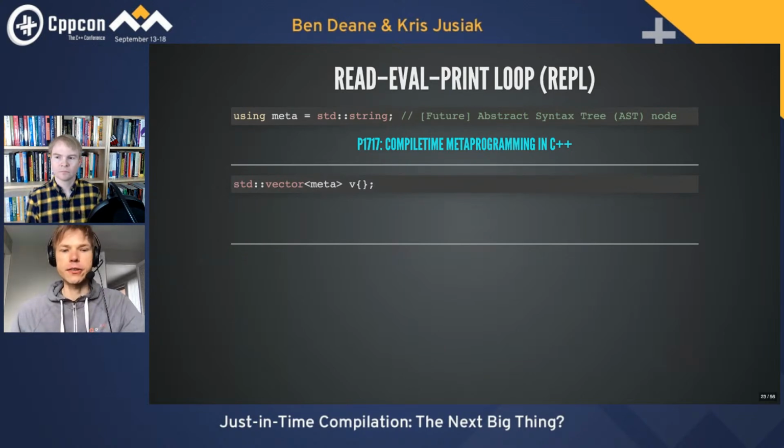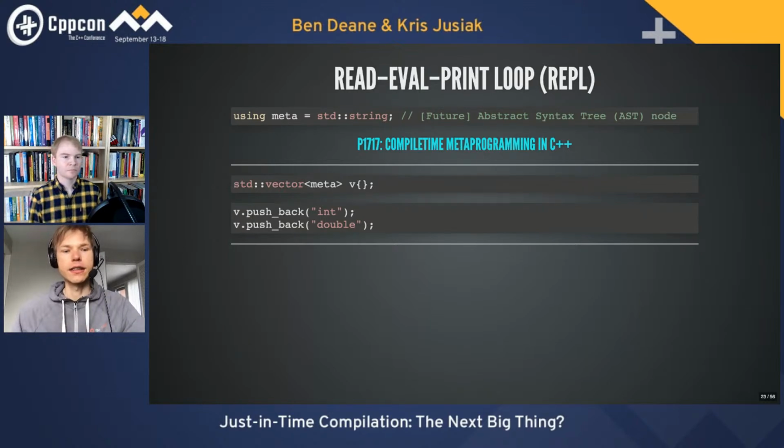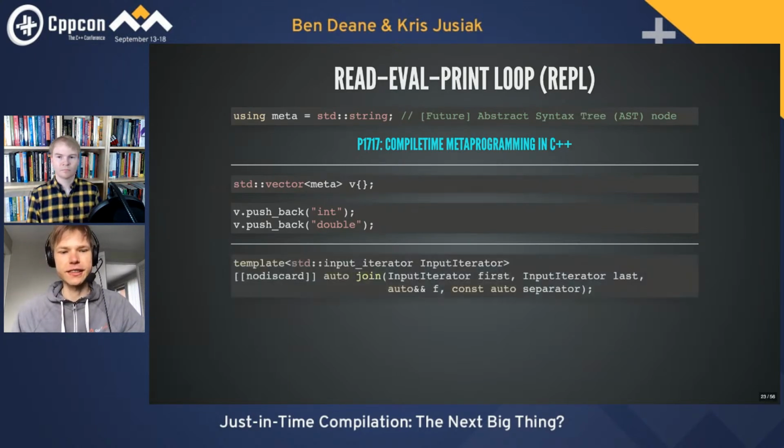So let's imagine a vector of these strings, and we'll just push back int and double, which are types, but in string form.